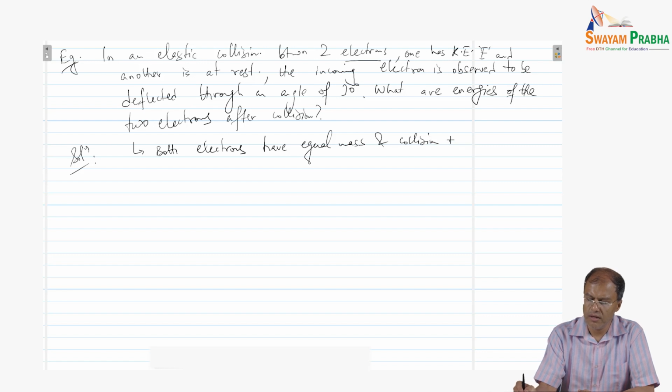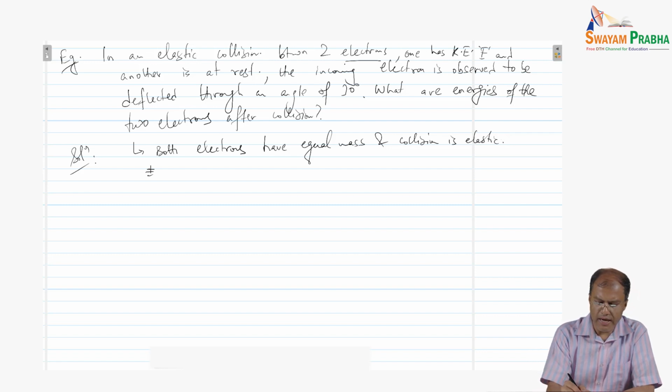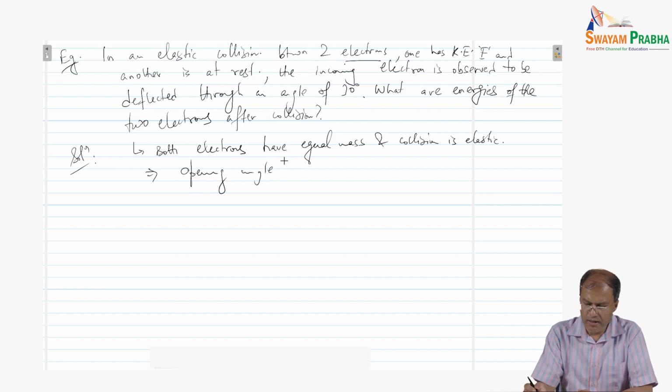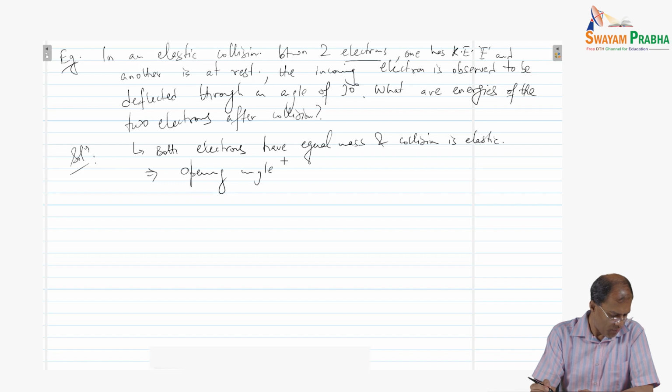Collision is elastic, and we see that the opening angle between the two particles, between the electrons, is 90 degrees.